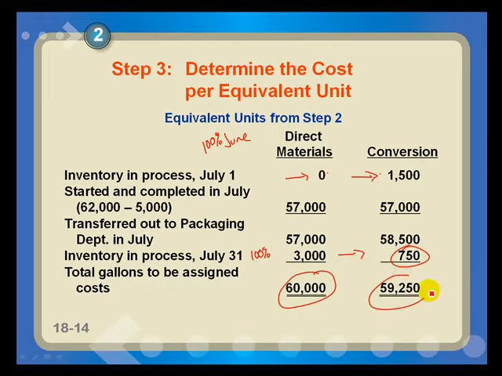We only put about 59,250 units of conversion into it. Say it right. We did 60,000 units as far as materials go. We did 59,250 units as far as conversion costs go, equivalently.